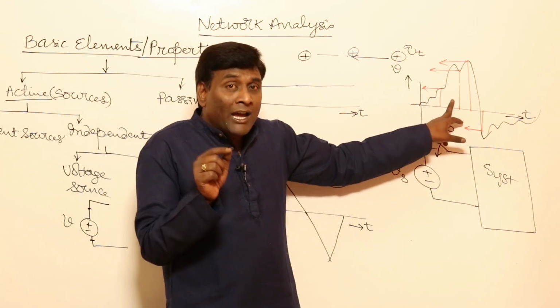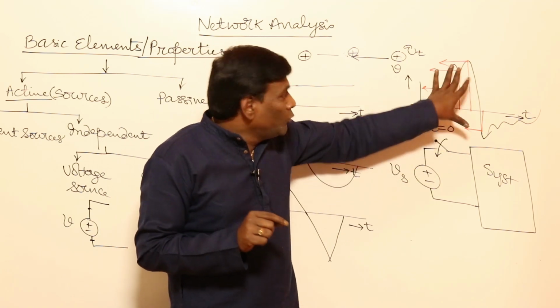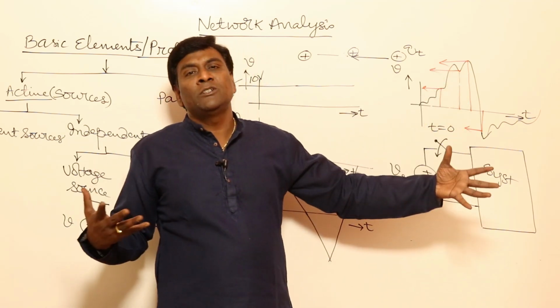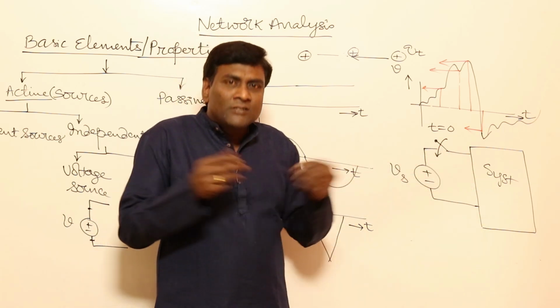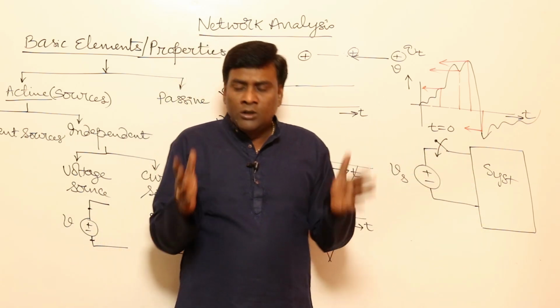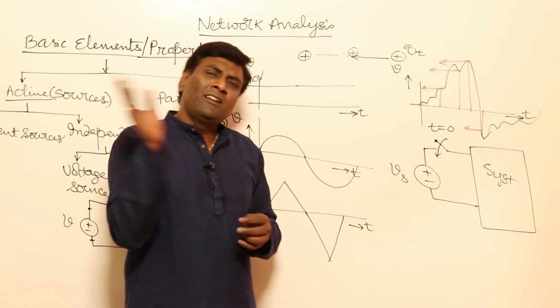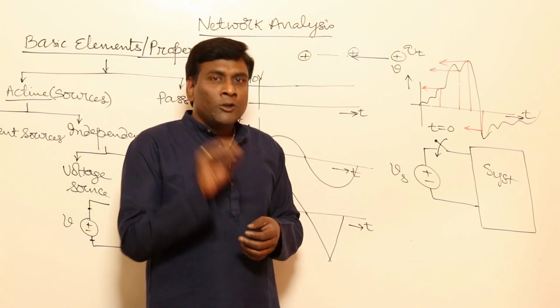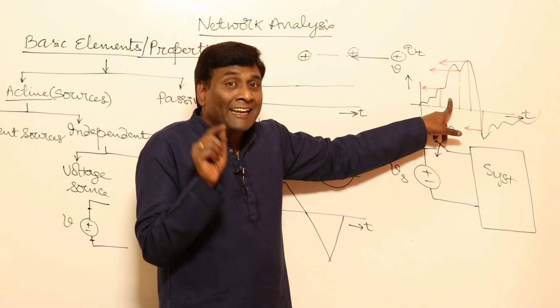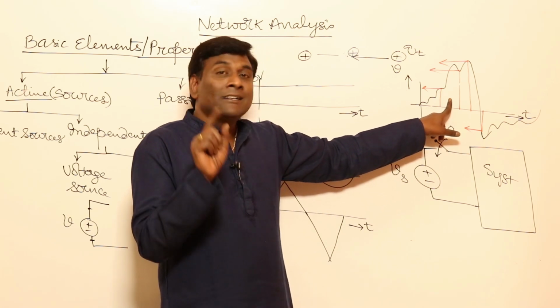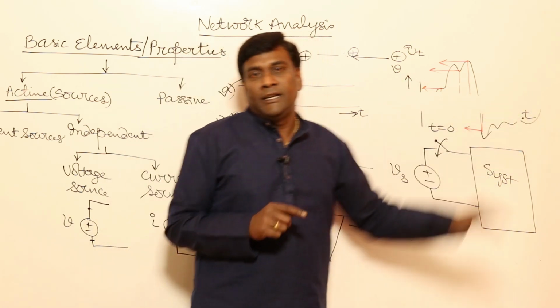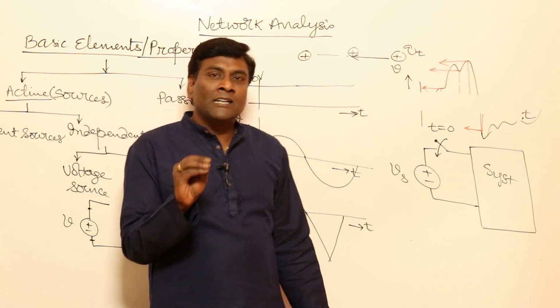Even in practical cases with such conditions, we convert them into many sinusoids using Fourier, give those sinusoids to the transfer function, and draw Bode plots. That is a different story. Mathematically speaking, I cannot write any equations for this, which is why we don't have it in network theory.